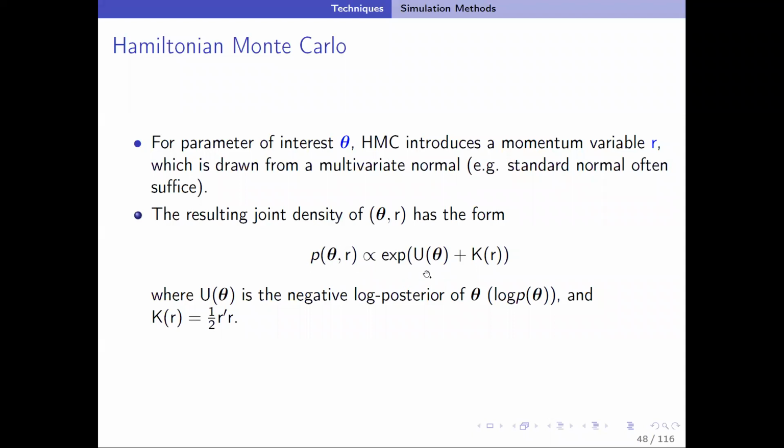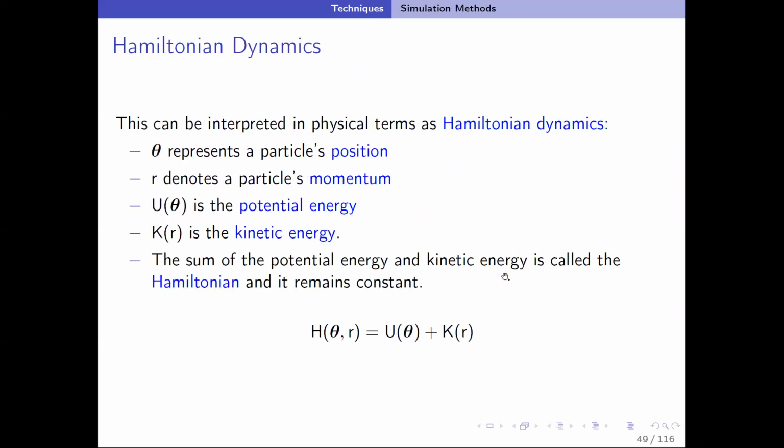And you express them in such a way that this piece is the log likelihood from the posterior, and this piece is from the normal. So the basic ingredients of the joint distribution aren't too hard. You can visualize it. It's just that you have a posterior distribution and you have a normal kernel. From a physics perspective, the two add together to form Hamiltonian dynamics.